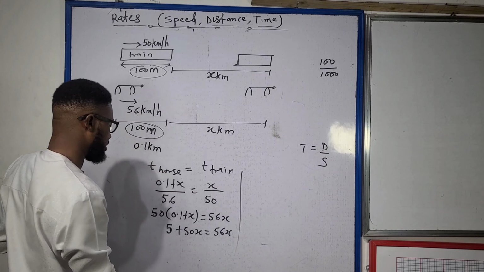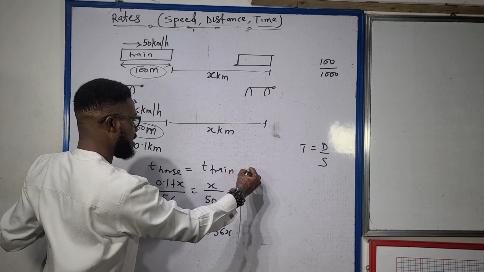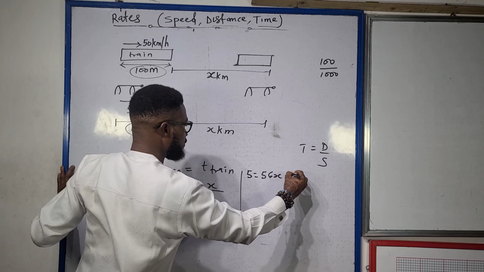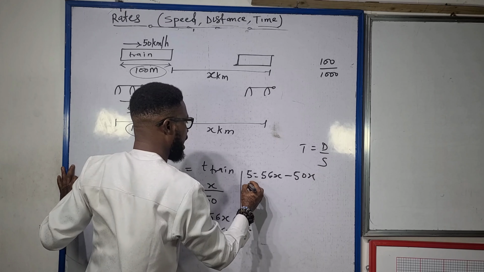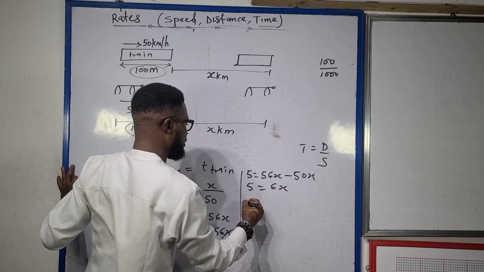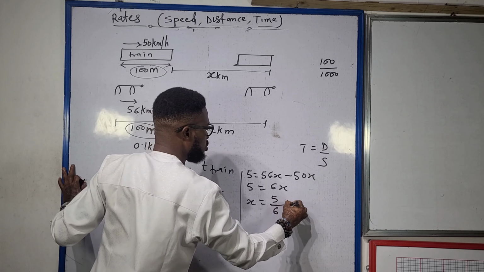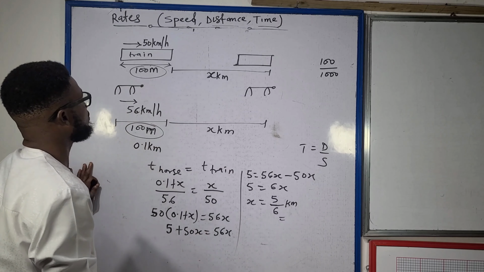So what that means is 5 equals 56x minus 50x. So 5 equals 6x. Therefore, x equals 5 over 6 kilometers.